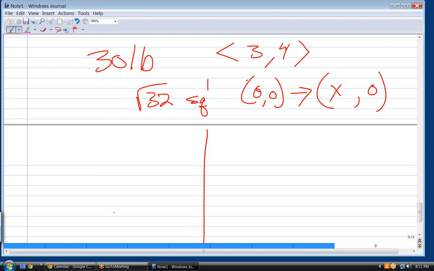All right, let's draw a picture here. So if I go 3, 4, this is a good skill to have, to be able to approximate where something is. You don't have to chop it up into grids. You just need to put it approximately where it is.